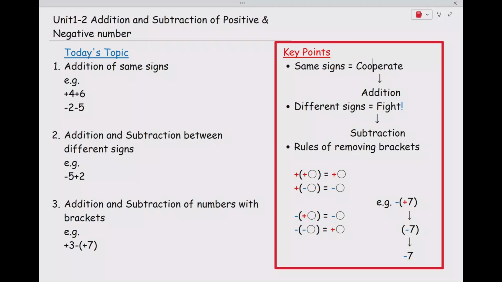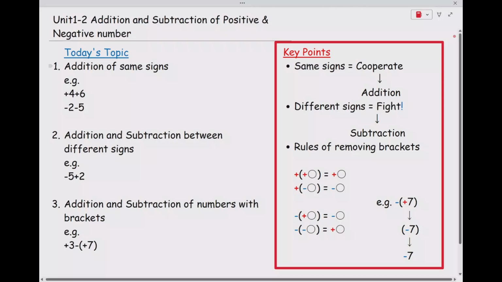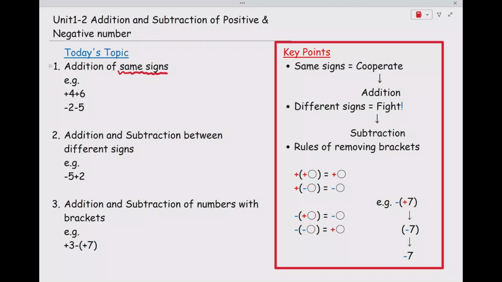So, let's get started. You will learn the following 3 types of calculations in this video. First, addition of the same sign like plus and plus, or minus and minus. For example, plus 4 plus 6.